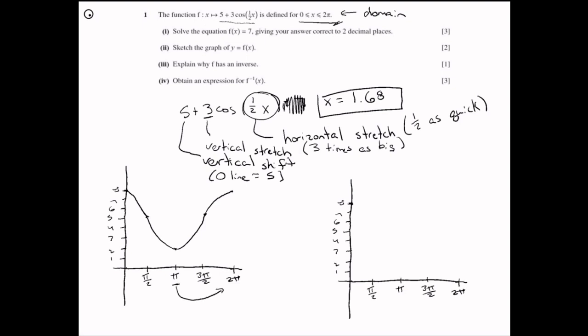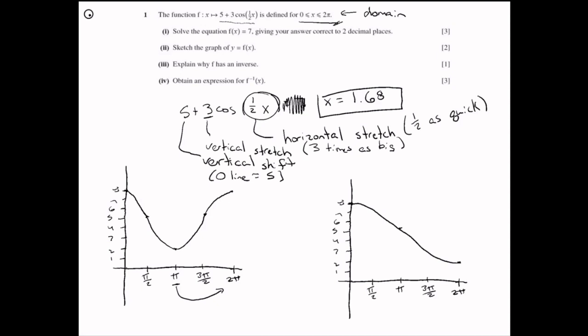So 2 pi is going to end at 2, right? And from there, it's just making a connection between these points. It's going really slowly like this. And that is how we make our graph. It's going half as quick, it's going 3 times as big, and it's also been shifted up 5.